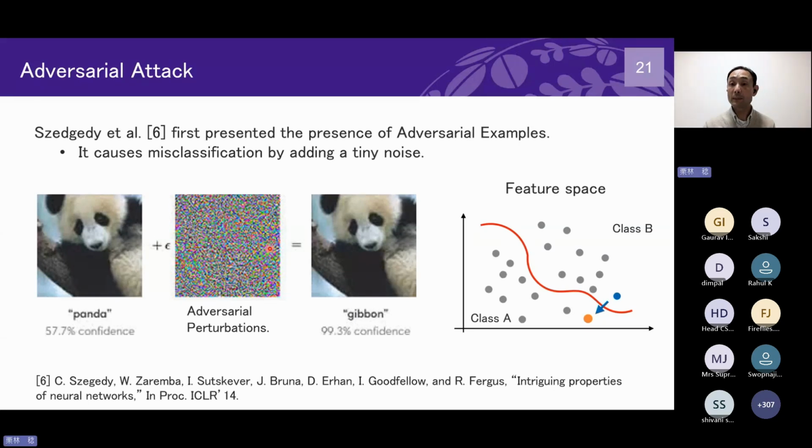So it means one original image classified as panda can be moved to the other class, the class of gibbon, by adding noise. So it is possible to make samples near the decision boundary.